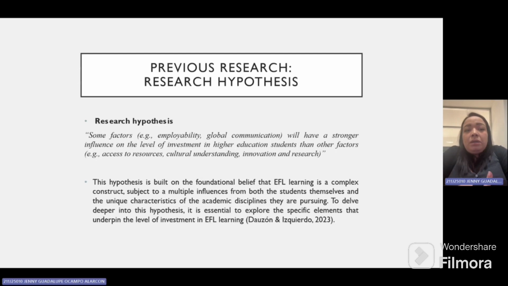And it is also necessary to investigate which factors influence more or have more impact on the level of investment, so that academic decisions or policies can be made in order to enrich the motivation of the students.